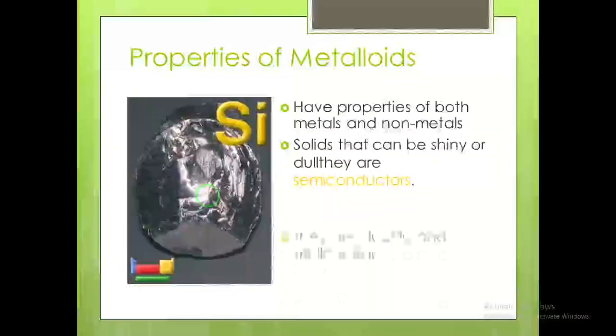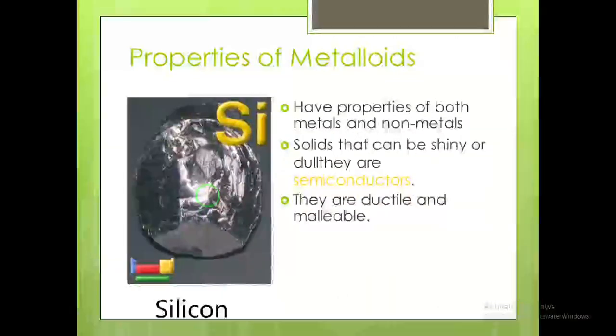Now we have metalloids. Now these metalloids are very special, especially in today's industrialized economy, because a lot of semiconductors used in our circuits are metalloids. Now these metalloids have properties of metals and non-metals.